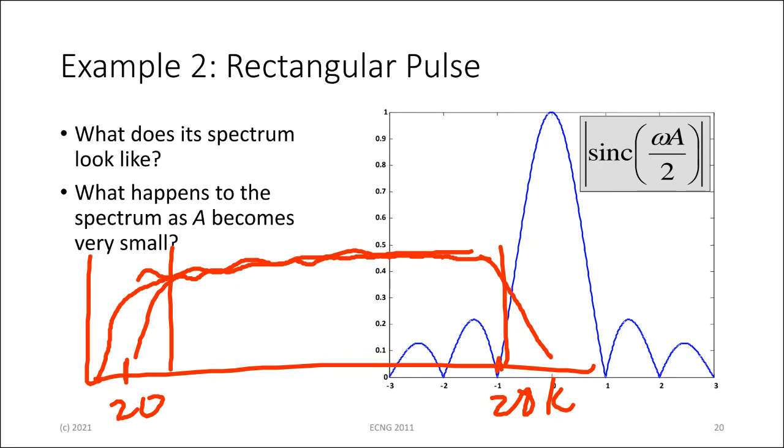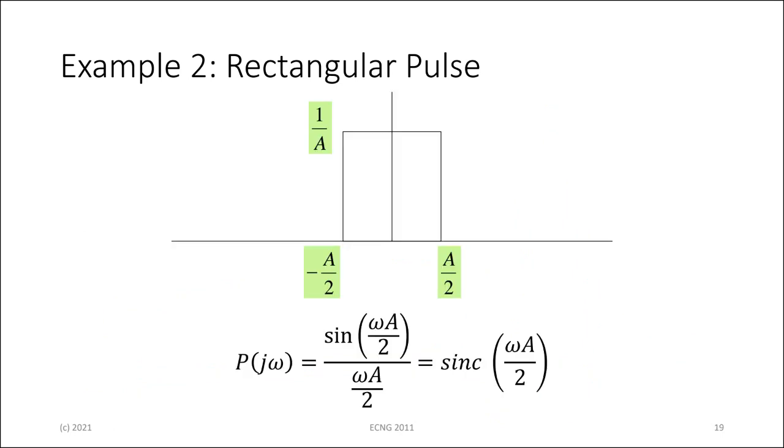Now, because of things like what we just saw, it is possible using computers, and in fact that's how they do it. Instead of a manual approach, you generate a series of pulses. Because of this relationship that we just derived here, if I know what A is, then I can plot P of j omega very easily.